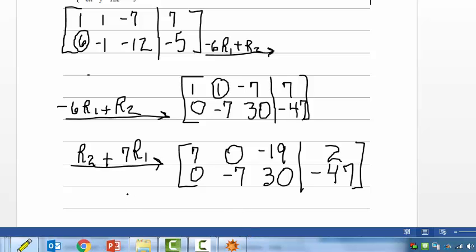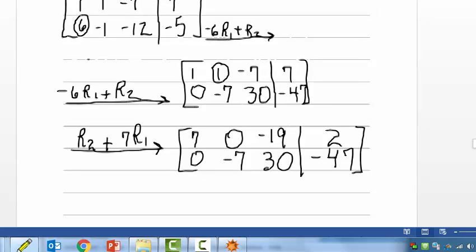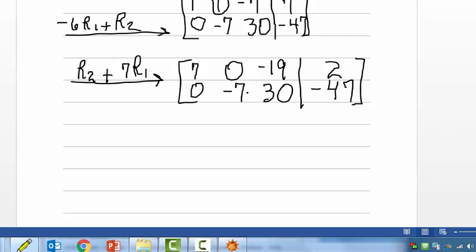And to get my 1s, so now I'm essentially done. There are no more diagonal elements. If I only have 2 rows, I'm only going to have diagonal elements in columns 1 and 2. So I'm now going to get my 1s. I'm going to multiply 1/7 times row 1. And I'm going to multiply negative 1/7 times row 2.